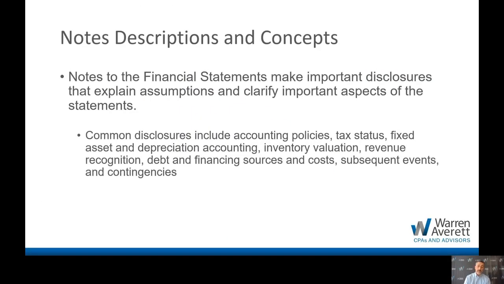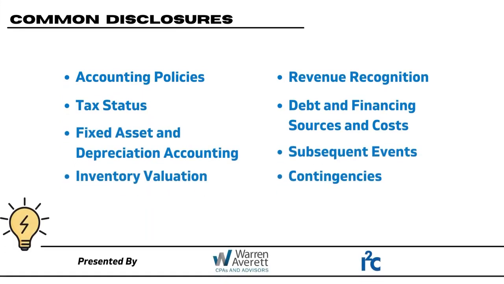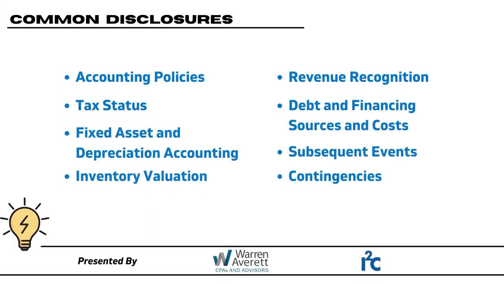Common disclosures, I'll list these out for you, include, but are not limited to, accounting policies, tax status, fixed asset and depreciation accounting, inventory valuation, revenue recognition, debt and financing sources and costs, subsequent events, and contingencies.